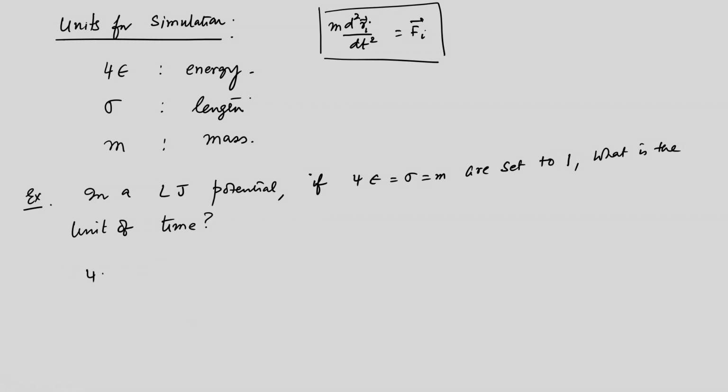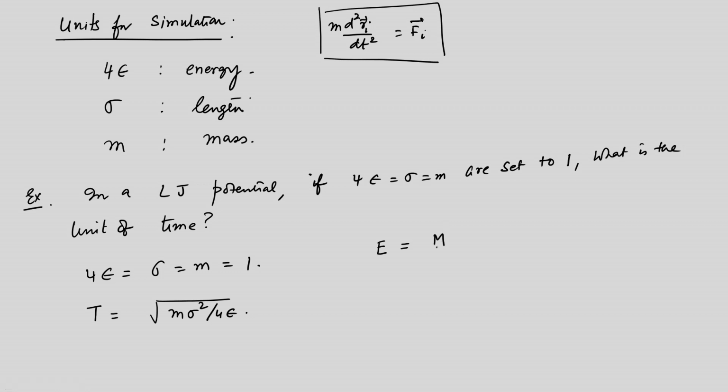So, we have, sorry, not 4 sigma, it is 4 epsilon equal to sigma equal to m equal to 1, and time is then root over m sigma square by 4 epsilon. Let me tell you how. Energy, say we just talk about potential energy, which is mgh.